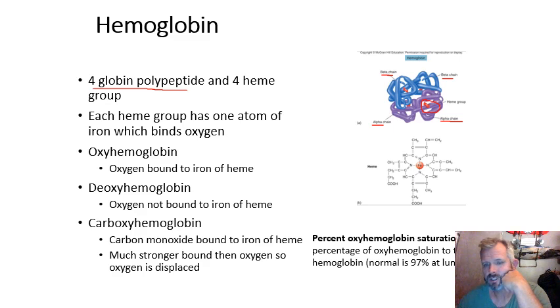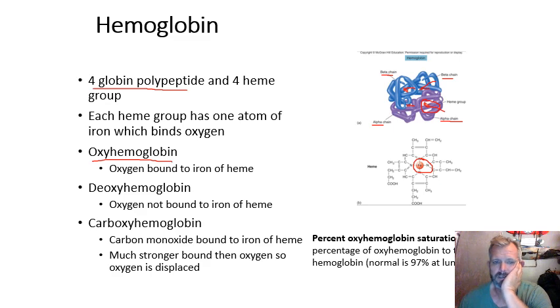This is a structure here, and in the middle of this heme is an iron atom, in which we get the binding of oxygen. So for each hemoglobin molecule, we can get 4 molecules of oxygen bound to it. And when oxygen is bound to the iron heme, it's called oxyhemoglobin.